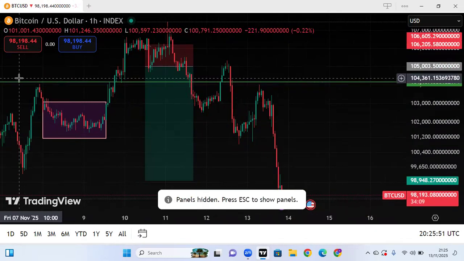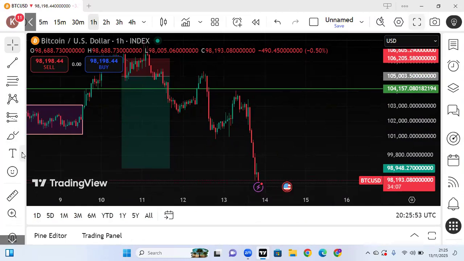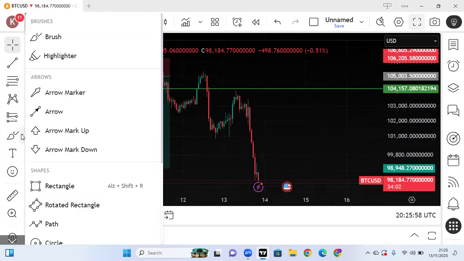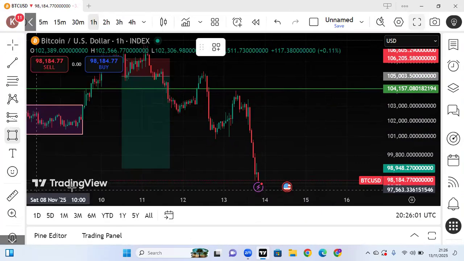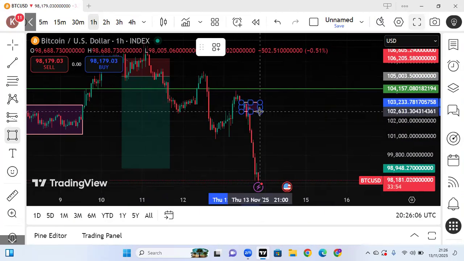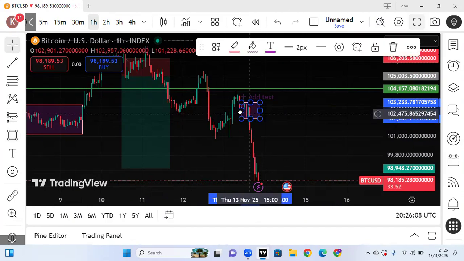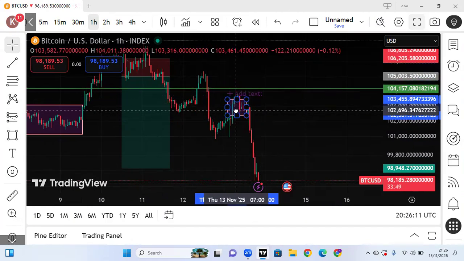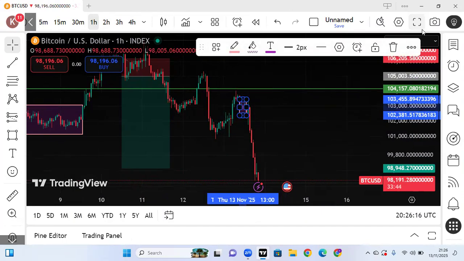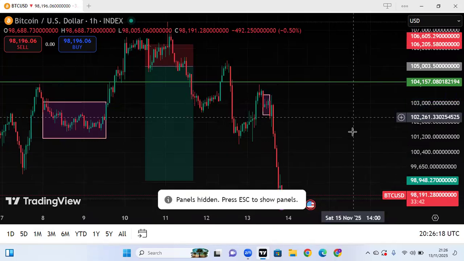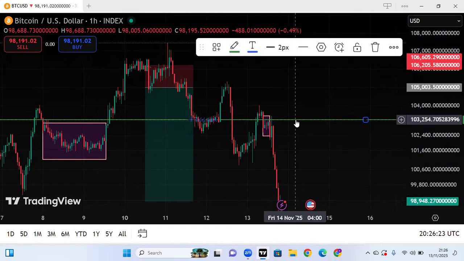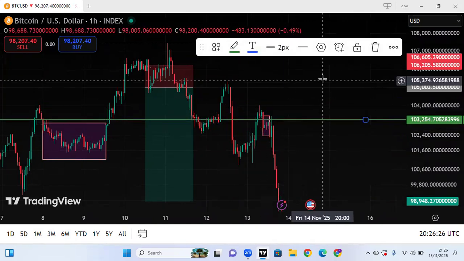There's an equal high here, inside this zone, these two candles here. Let me zoom in so you can see it. You can see that they are the same. Let me put the line there. These candles meet at the same place.